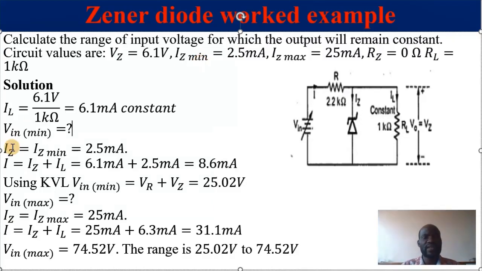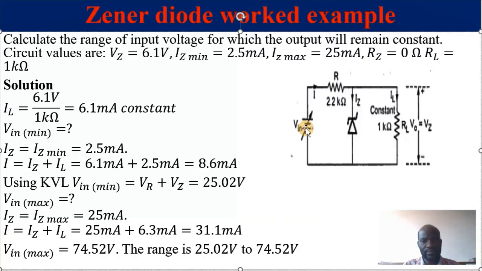So how do we calculate I? We simply say this which we are given, plus this, we get this. We are now going to use our Kirchhoff's voltage law. So we know that the voltage across this plus the voltage across this give us the V in, or the input voltage. In this case, we are starting by calculating minimum V in.